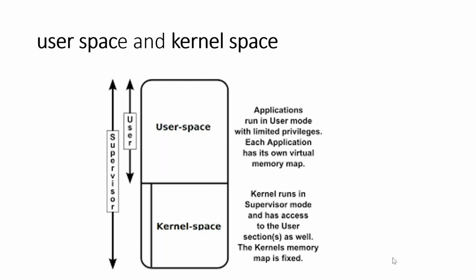The supervisor has access to both user space and kernel space. Any program in kernel space can do anything with user space, but user space has no control over kernel space programs. So virtual memory is divided into user space and kernel space, and kernel space runs in supervisor mode.